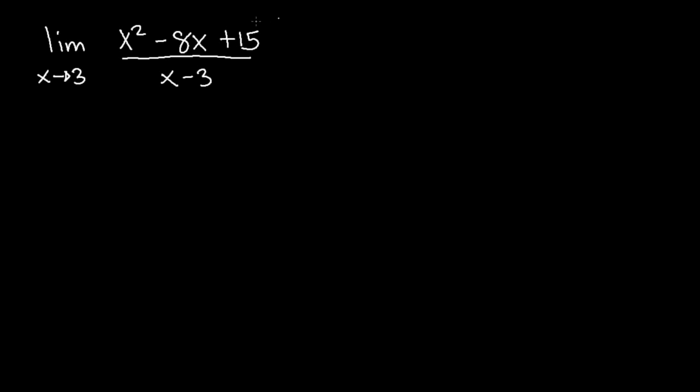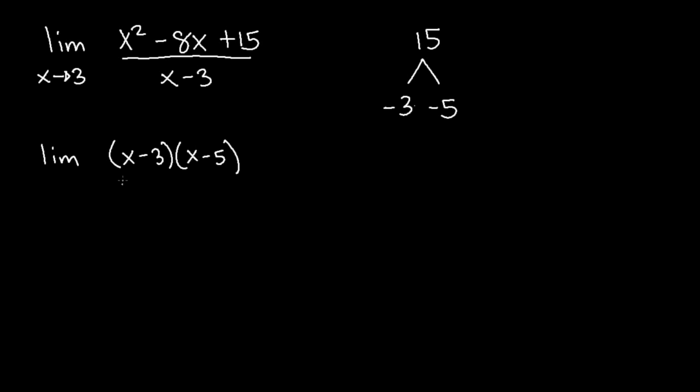to ilang factors. So this is 15 and the factors of 15 are 3 times 5, and since negative ni tapos ang kaning duha kailangan mag-add up to negative 8, so dapat negative silang duha. Therefore, we can rewrite the expression or the limit as the limit of x minus 3 times x minus 5 over x minus 3 as x approaches to 3.